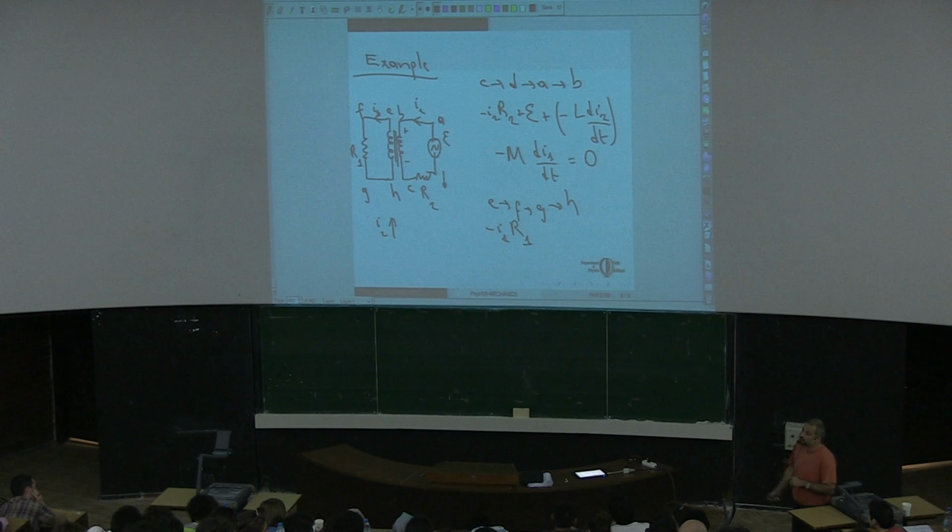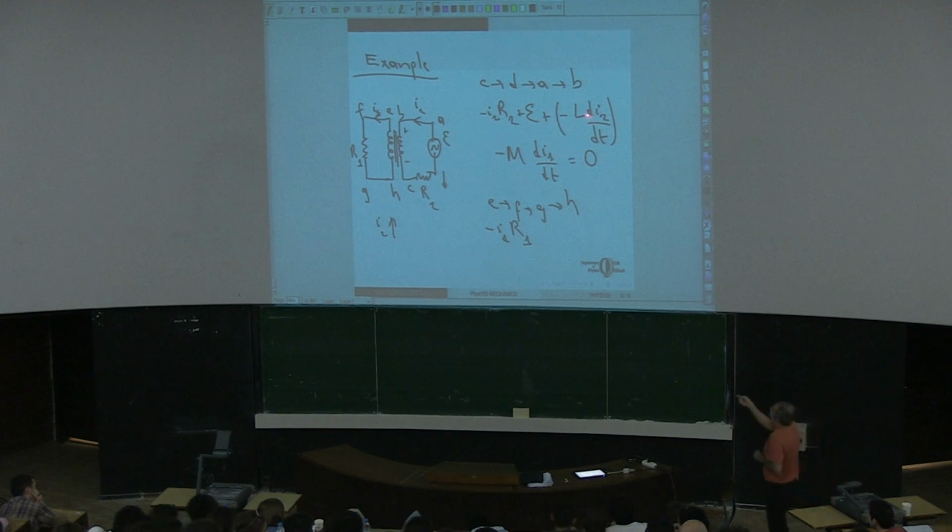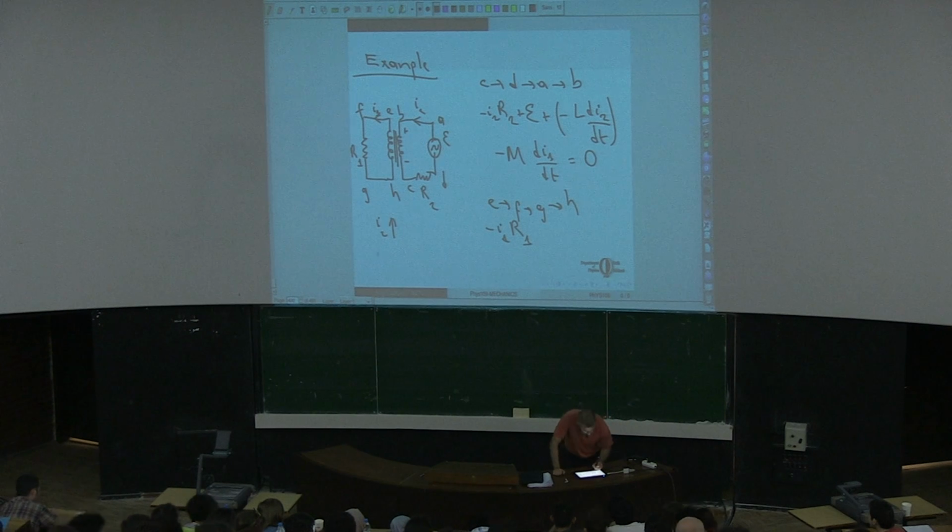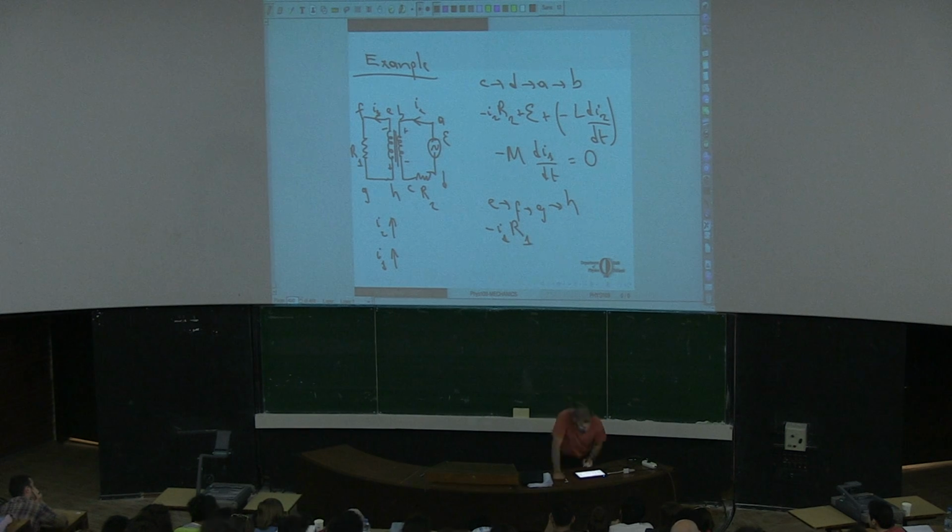Now from H to E, there is the self-inductance. Let's say I1 is also increasing. Now, if I1 is increasing, it will try to resist. So this will be plus, this will be minus if I1 is increasing. Since we are writing the energy gain from H to E, it will be minus L di1 by dt.